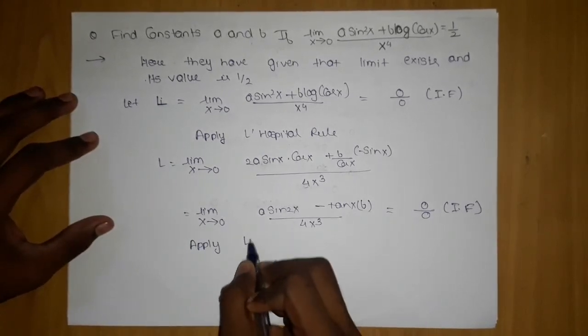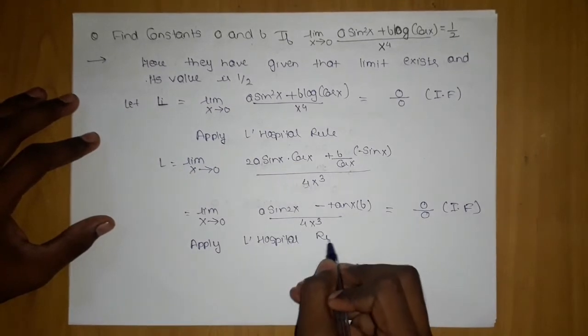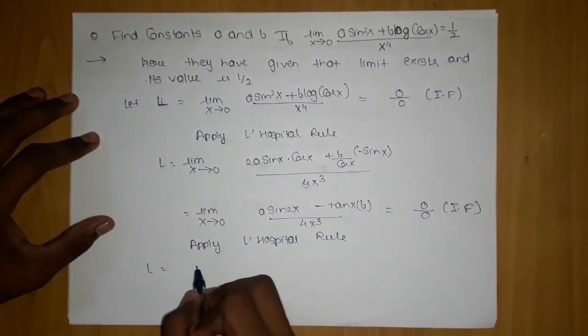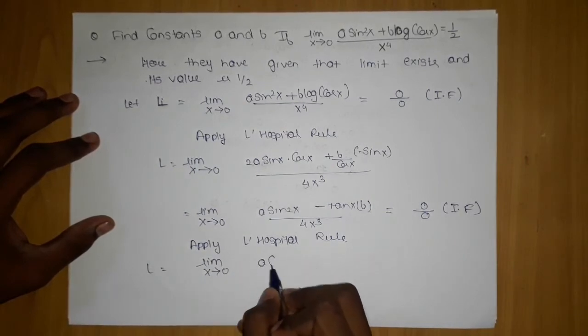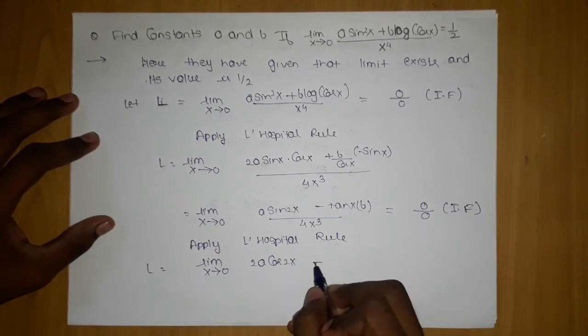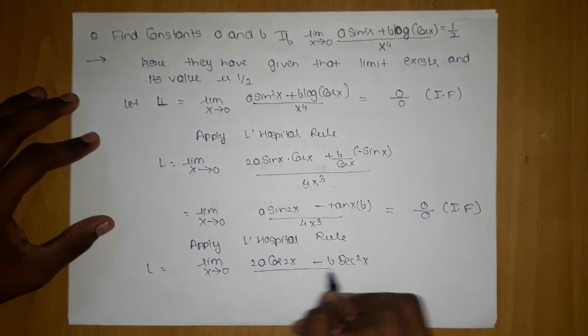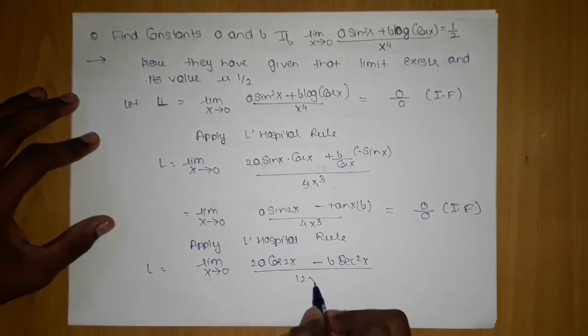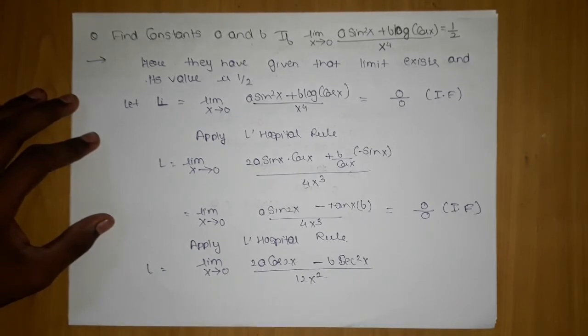Apply L'Hopital's rule. You will get limit x tends to 0, 2a cos 2x minus b sec square x, the whole by 12x square, right? After this what we are going to write?